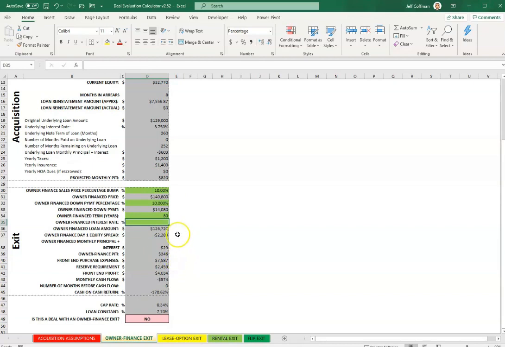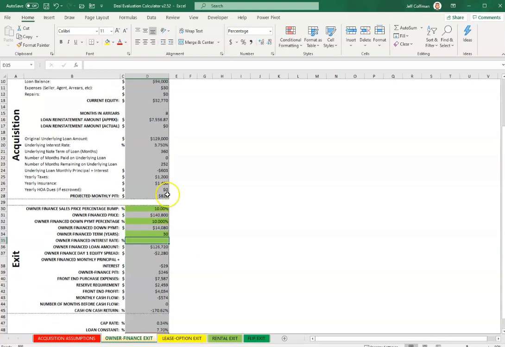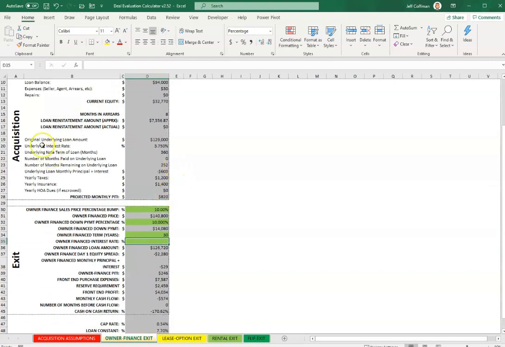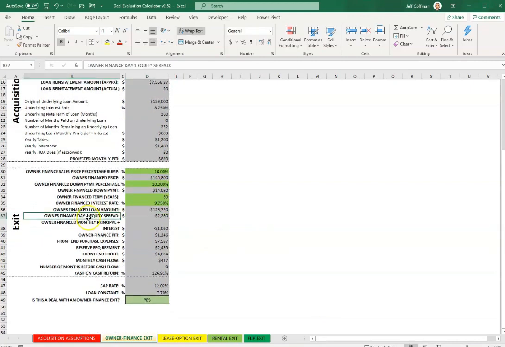So if I know that my interest rate on the underlying note is 3.75, let's say I make this 9.75. Let's do a 6% bump in interest rate. And let's see what that gives us. So my day one equity spread, if I'm going to owner finance this to an owner occupant, is negative $2,280.